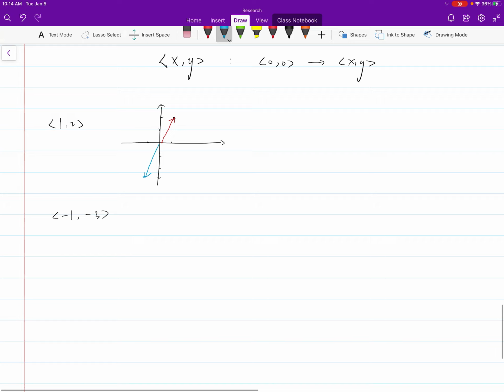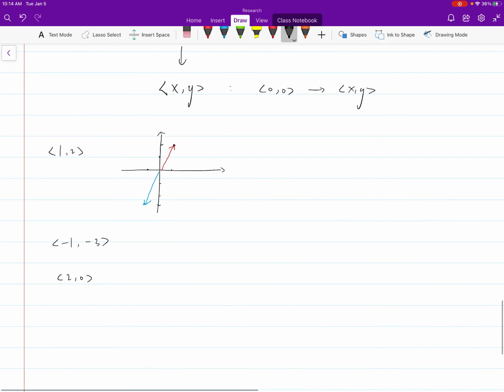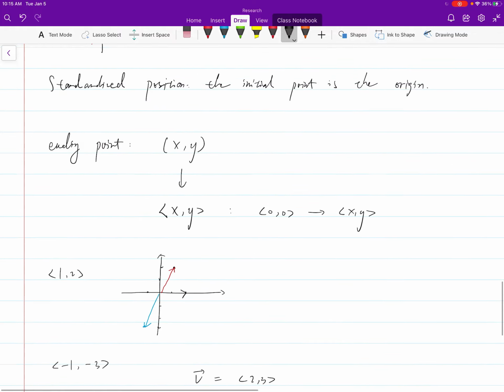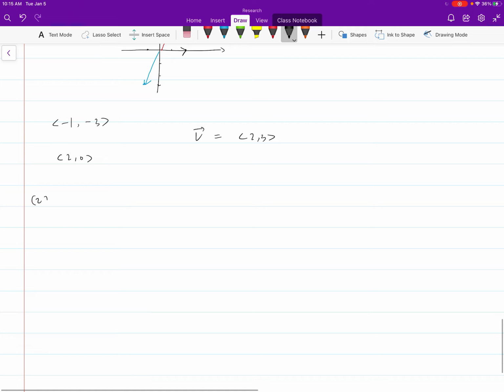Negative 1, negative 3, it's here. Can you do 2, 0? Okay, and you can try several more examples. It's very easy. You just join the points and then connect the point from the origin. That's how we tell people a vector. So not only can we tell people the name of the vector, now we can actually quantify it to tell people the exact location.